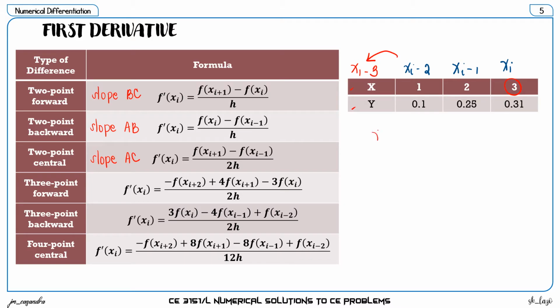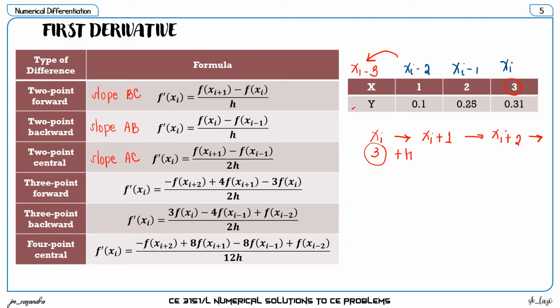Likewise, the next values after xi will be xi plus 1, followed by xi plus 2 and so on, wherein each is the value of xi plus our h, or what we call the step size.